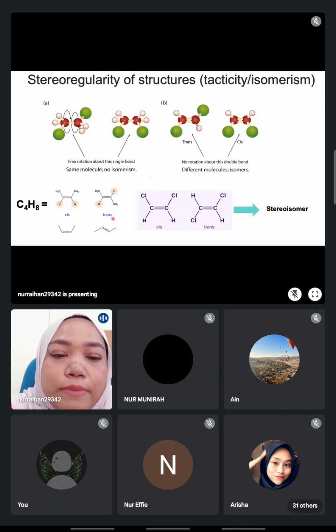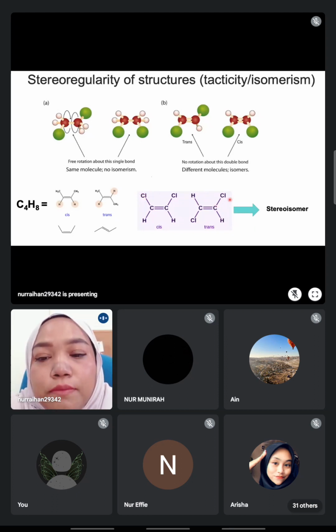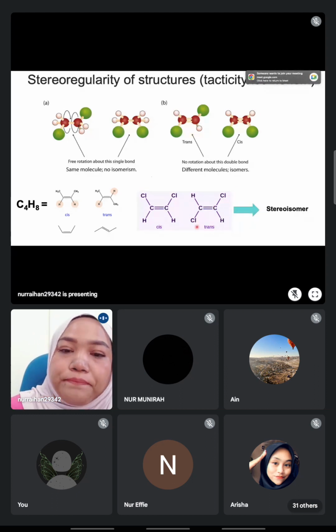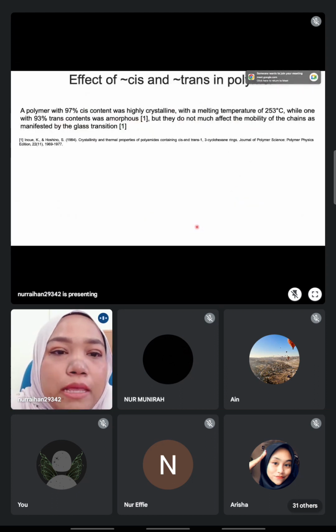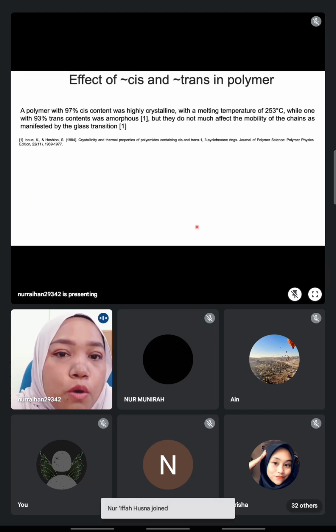Meanwhile, in the trans, the bulky pendant group will be on different, alternate sides like this one. Same goes to this one: a very polar atom will be on the same side, and another polar atom will be on the alternate side. So when a polymer has high cis content, it means the arrangement of the cis is more compared to the arrangement of the trans.